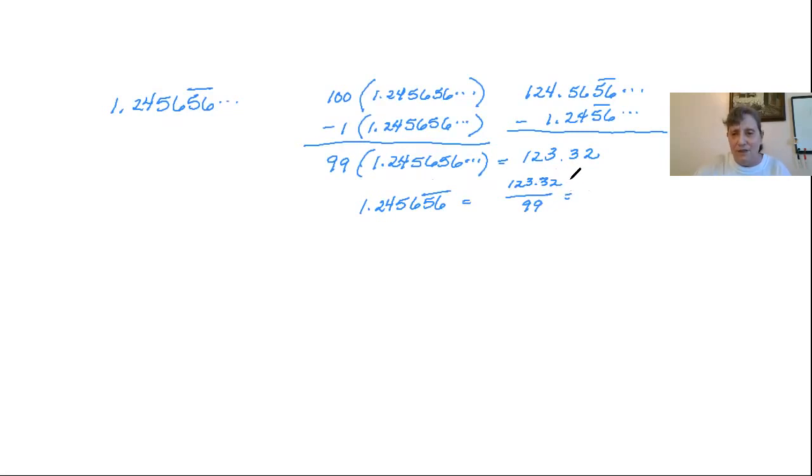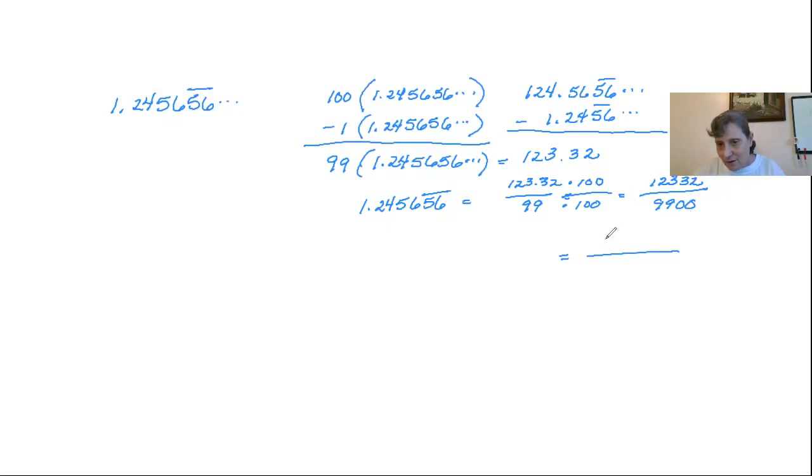So I'm going to have to fix this further by multiplying top and bottom by 100. So this is 123.32, okay, 12,332 over 99 and 2 zeros, so 9,900. And now I have to reduce this. Well, let's see. These will actually divide by 4.